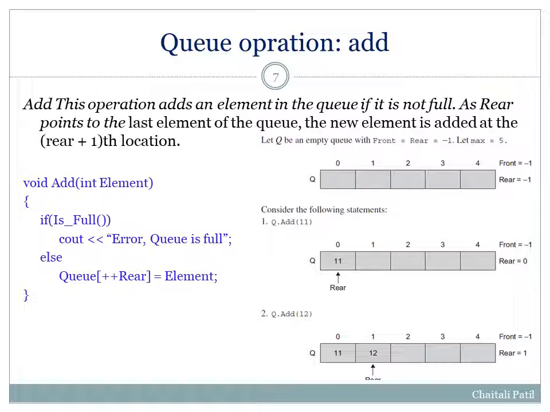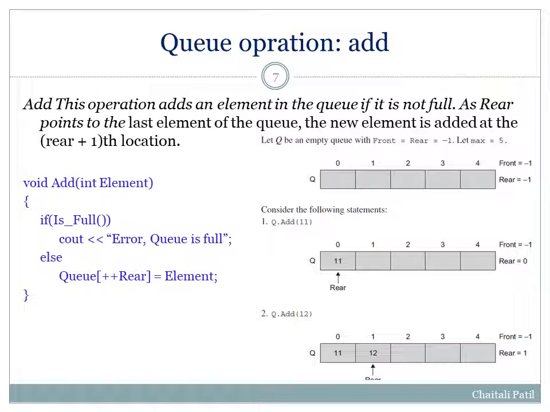See, this is just an empty queue where front and rear both are set to -1. In the add function, we are inserting one element in a queue. Before that we have to check whether the queue is full or not. So here we will check with an if condition, calling the function is full.